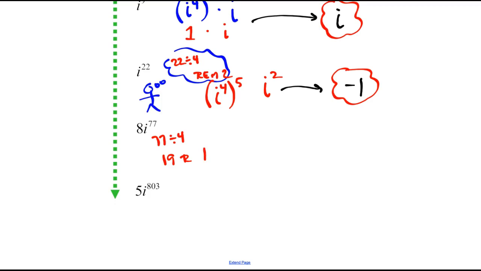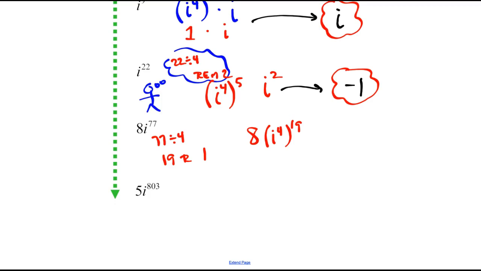Thank you. So 19 times 4 is 76. We have a remainder 1. So this is the same as 8. I'll be thorough on this one because that one got a little confusing, but it's 8i to the 4th to the 19th. That doesn't really mean anything, but that covers 76 of our i's.